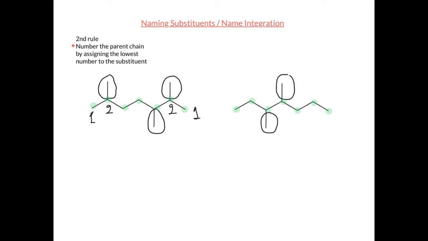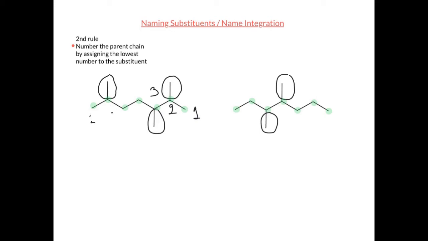In number 2 I'm going to have the methyl. In that case, where I have the first substituent in the same position, I try to assign the lowest number to the second substituent, and I see that if I number it from the right, the second methyl group comes in position number 3. So this is going to be the correct naming.